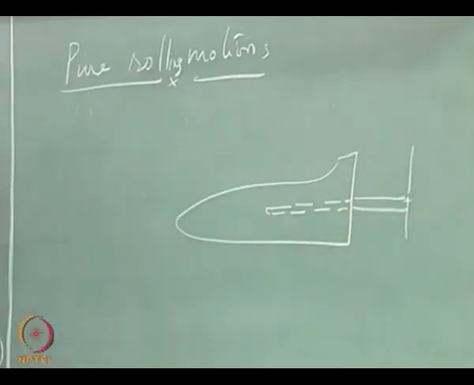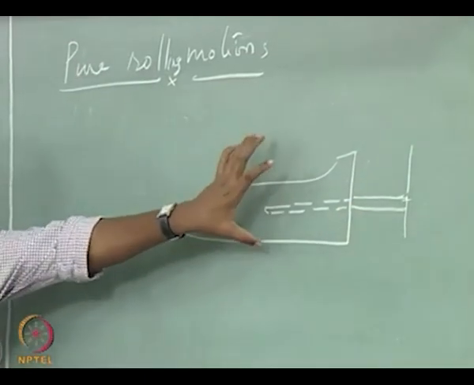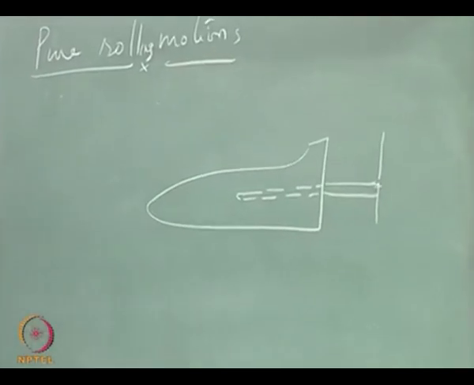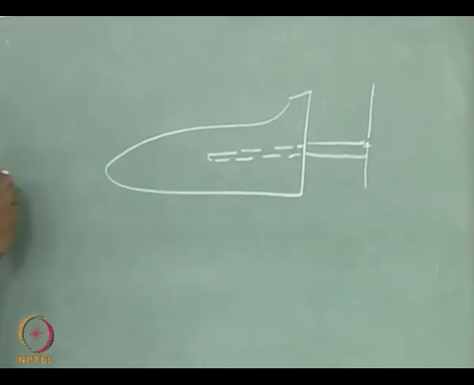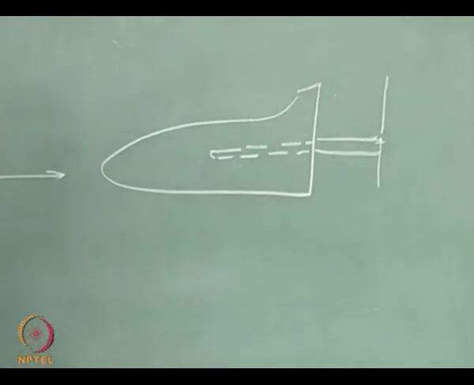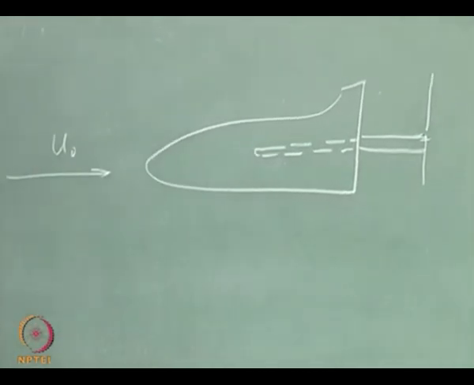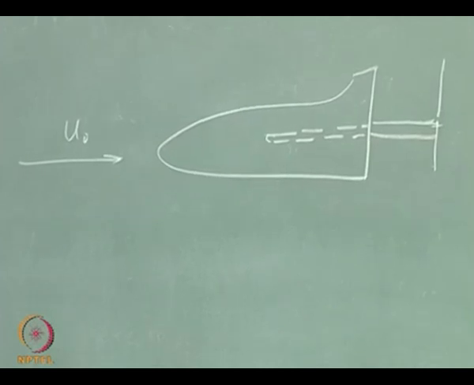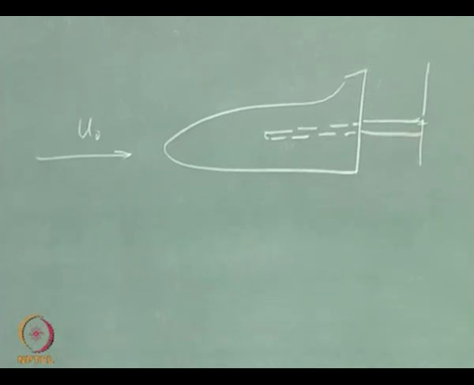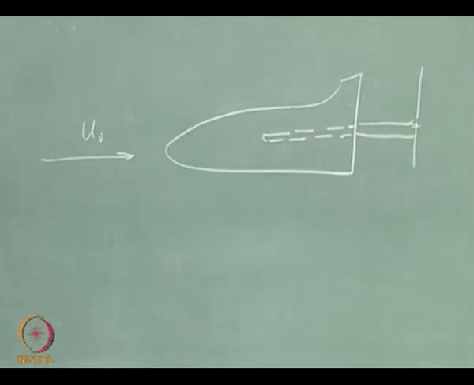So there is only 1 degree of freedom of motion of this aircraft in the wind tunnel. So wind is coming like this, and let us say we can provide some disturbance so that it can start rolling. Now I want to look at that motion.